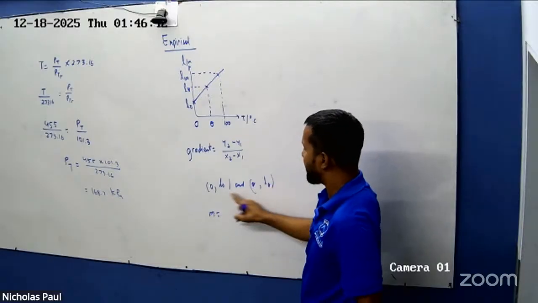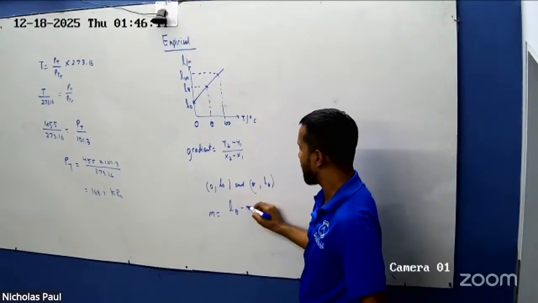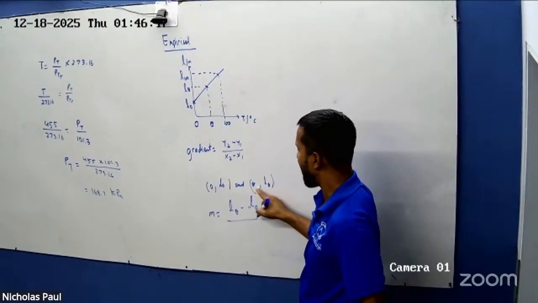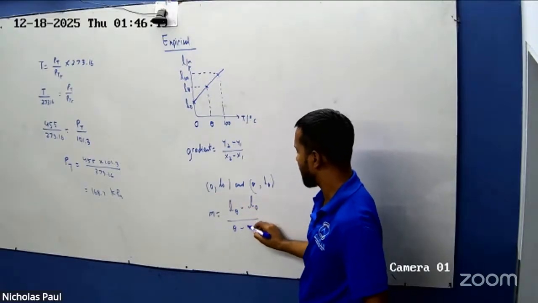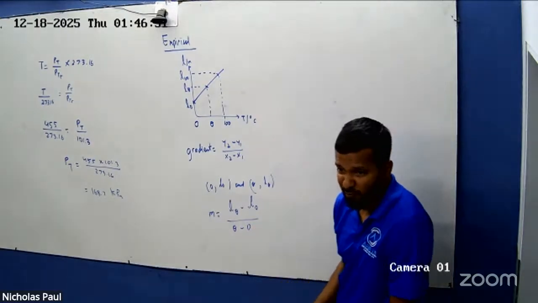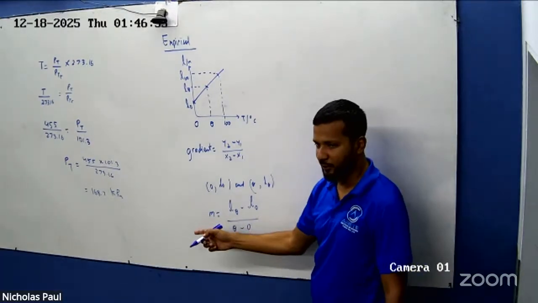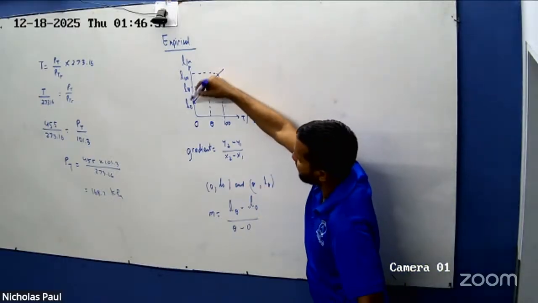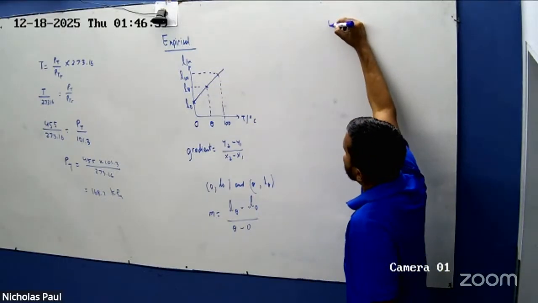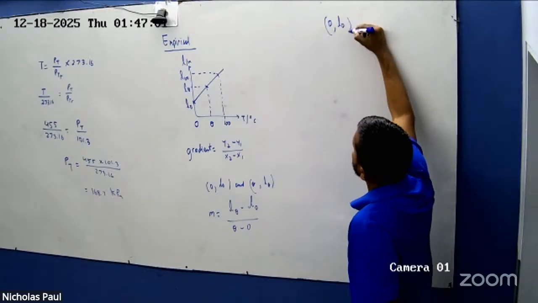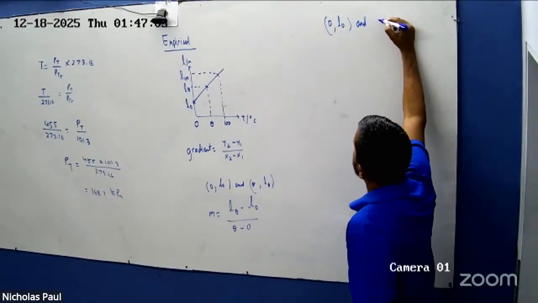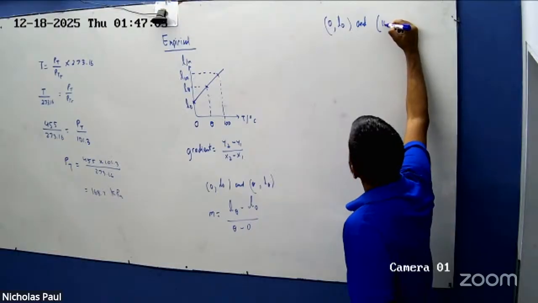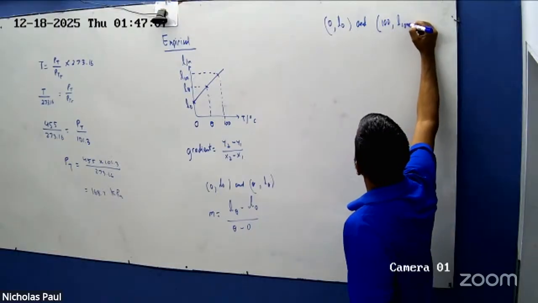Gradient is Y2 minus Y1 all over X2 minus X1. But we can't leave it equal to gradient, so we have to find another gradient. So let's use here and here. Let's use 0, L0 and 100, L100.